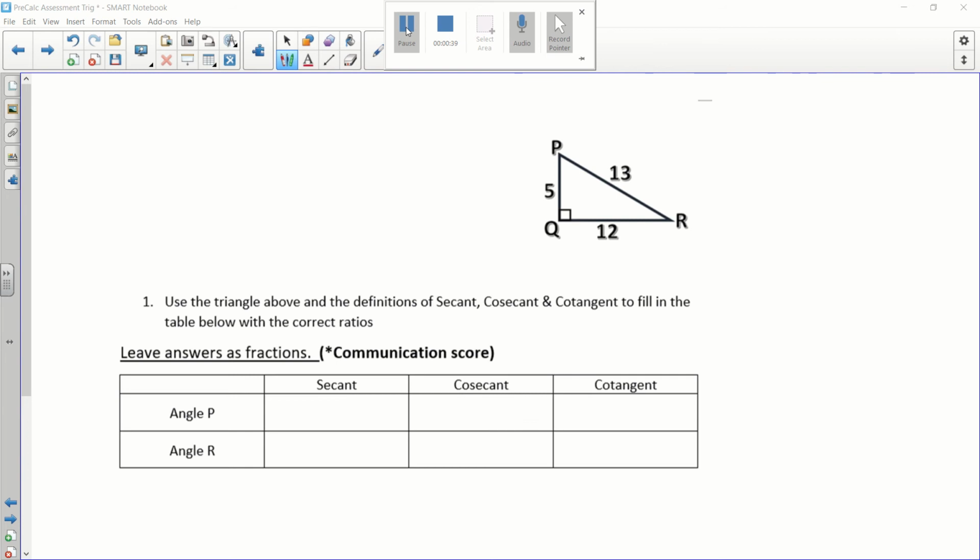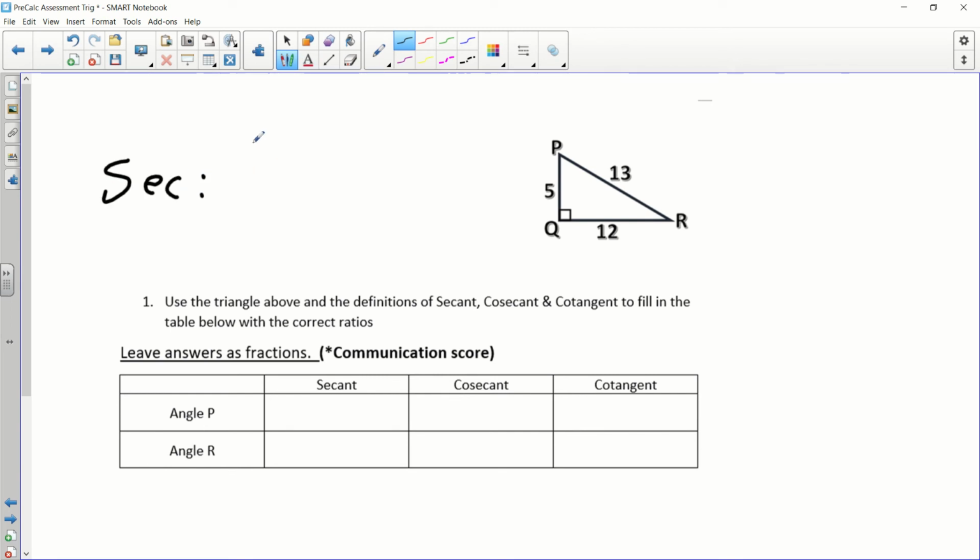So in question 1, we are looking for the secant, cosecant, and cotangent based on the given triangle. So we need to know their ratios. Secant being the inverse of cosine would be the hypotenuse over the adjacent.